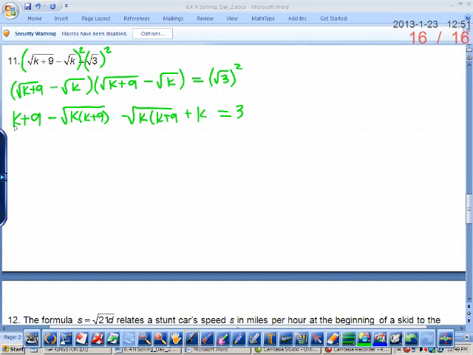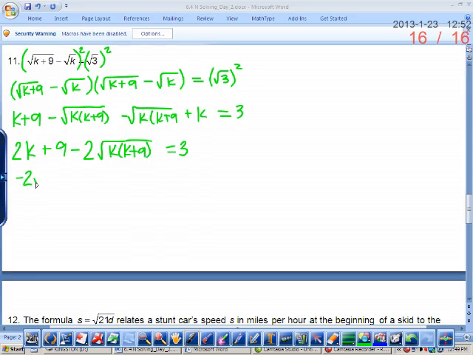All right, so k and k, so I have 2k plus 9. And then would you agree I could write this as minus 2 times the square root of k times k plus 9? So this is like minus 1, minus 1. All right, get everything over to the other side.